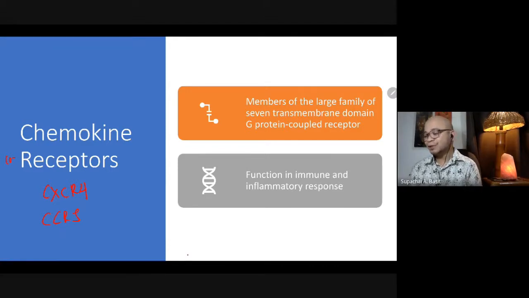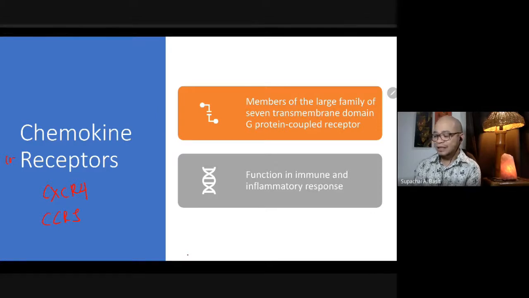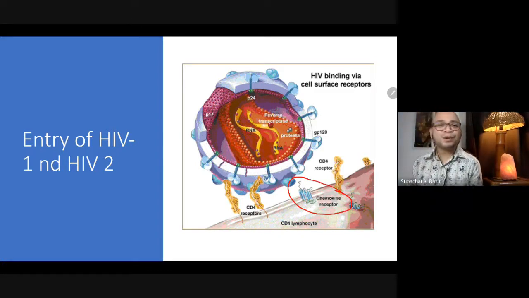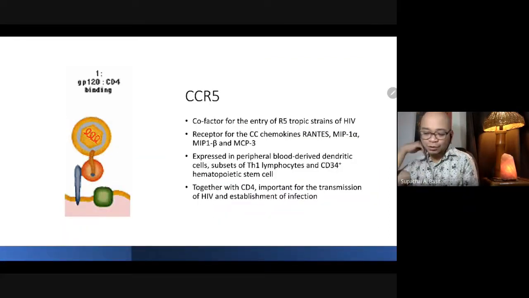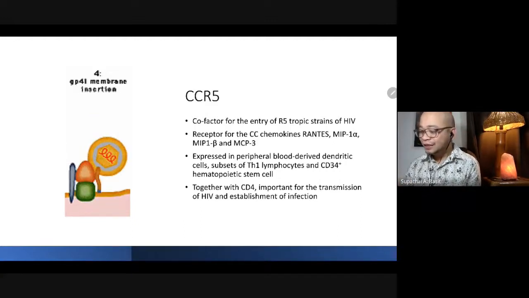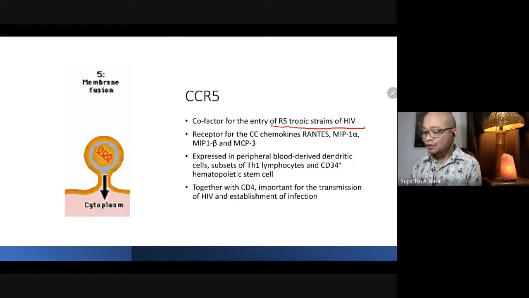These chemokine receptors, which we have already discussed when we were talking about cytokines, are members of the large family of the seven transmembrane domain G protein coupled receptors, and they are important in immune and inflammatory response. As you can see, these particular chemokine receptors will facilitate the entry of both HIV-1 and HIV-2 inside the T helper cell. So the CCR5 is a cofactor for the entry of the R5 tropic strains of HIV.